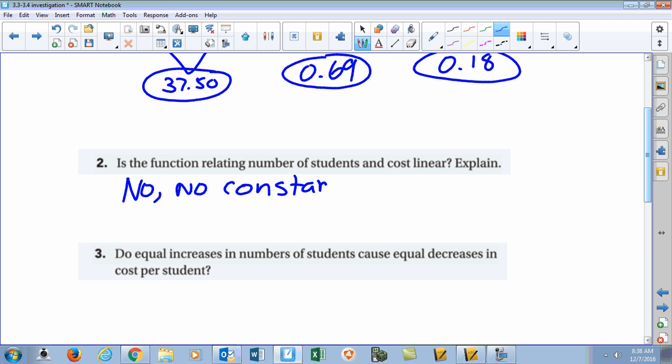And we said that at the very beginning, didn't we? The change isn't constant. If the change was constant, that curved line would be straight. And it's not. It's not even close to being straight.